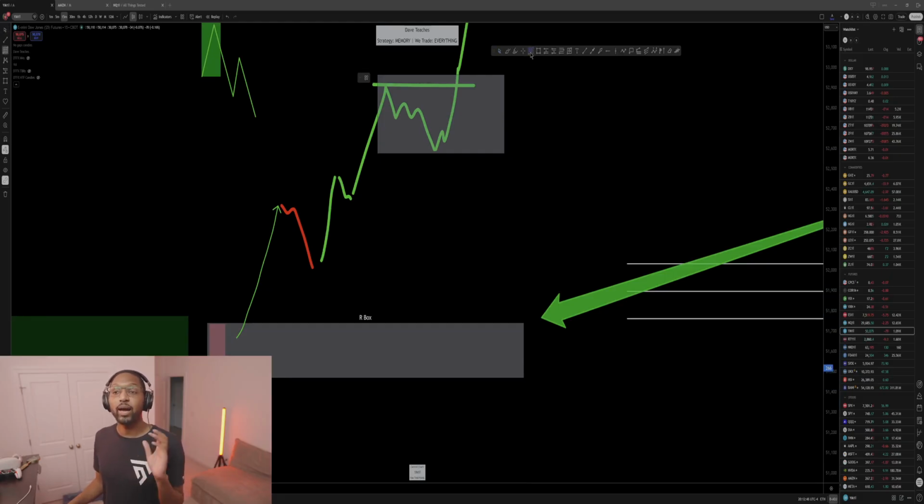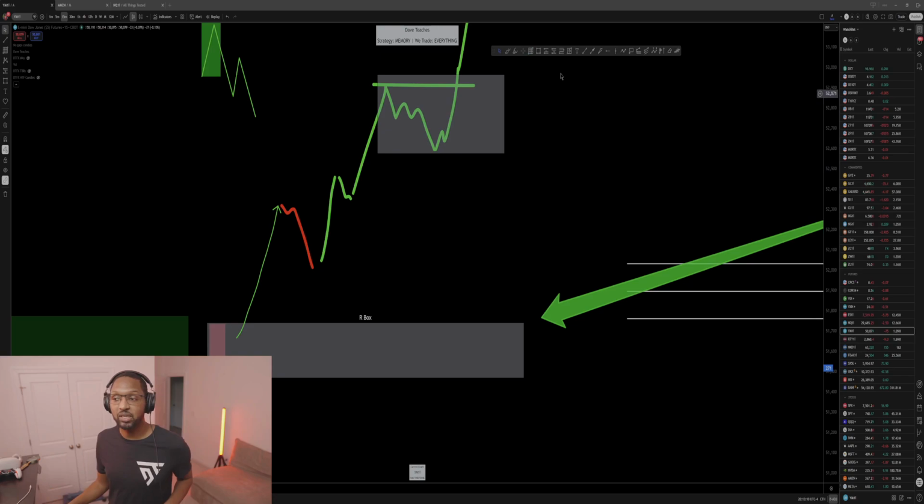And where we are anchoring our fib, we mentioned that this is the R box, right? This is the anchor. We are anchoring our fib to the high of the down candle, right? That means that the first tap of the fib is on the top of the down candle, not the body of the down candle, not some other portion of the down candle, on the highest point of the down candle.